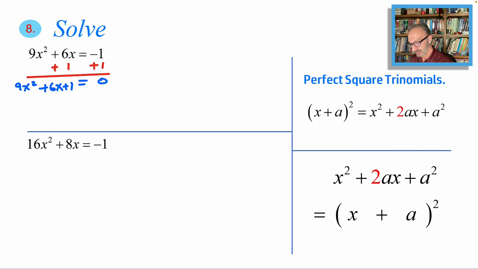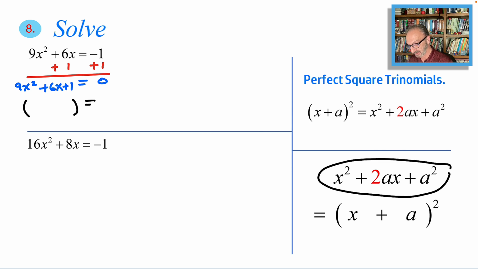Now, we are planning to use this format, so that will be coming down to one set of parentheses, all pluses, so we're going to use a plus, a square right here, and a 0. The 1 will go down to 1, and then 9x to the second will go down to 3x.